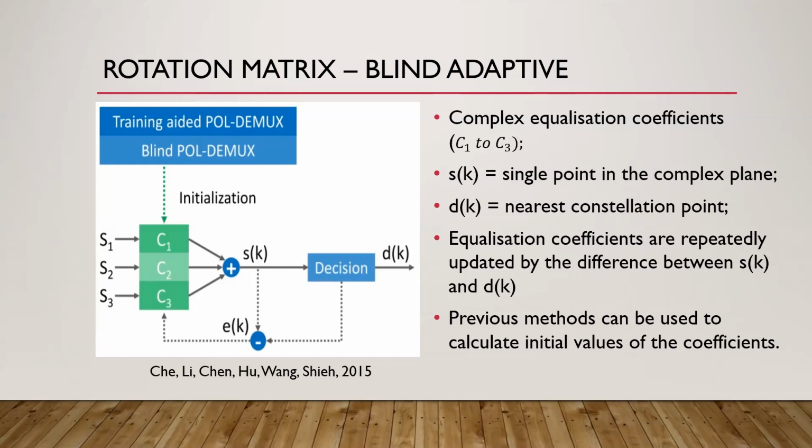Of course, we need to know what modulation format we're using. Say we're using 4QAM again, where we've just got one point in each of the 4 quadrants of the constellation diagram. We transmit our signal, multiply it by our complex coefficients, and then plot the resulting point on our complex plane. We basically assume that it should have been the 4QAM point on the constellation diagram nearest to where that is received.